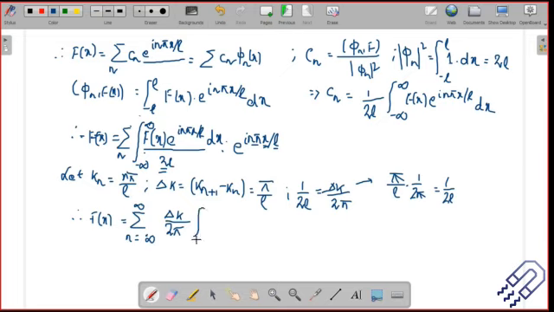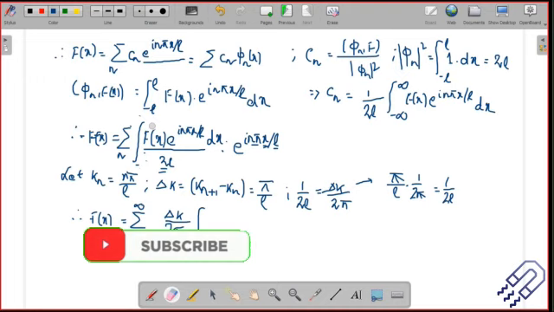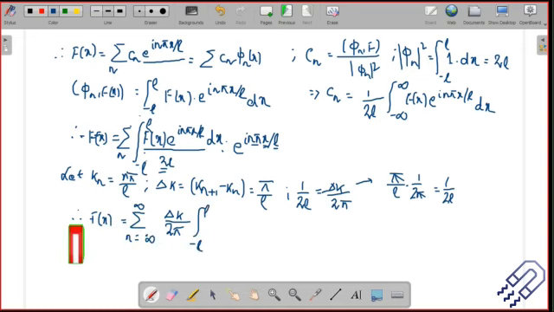And then I'm going to take the integration. Okay, I made a mistake here. This limit is minus l to plus l. So I'm not going to add infinity right now. It is minus l to plus l. Okay, so this is minus l to plus l.